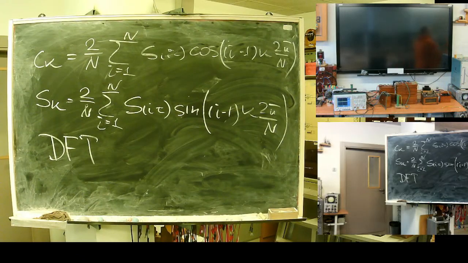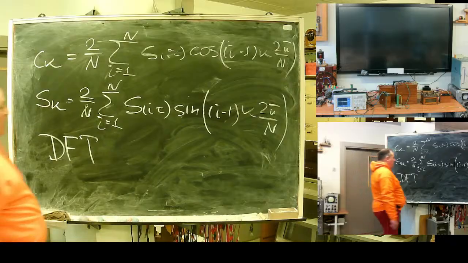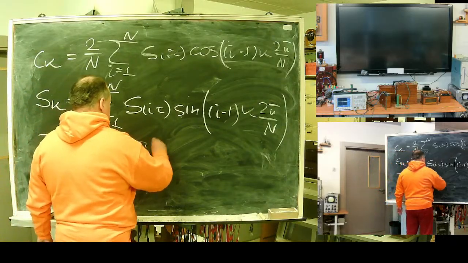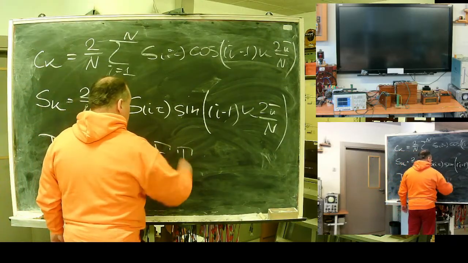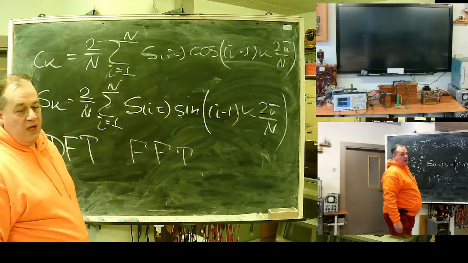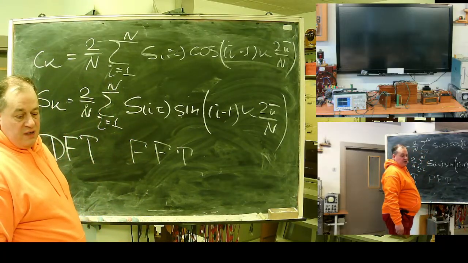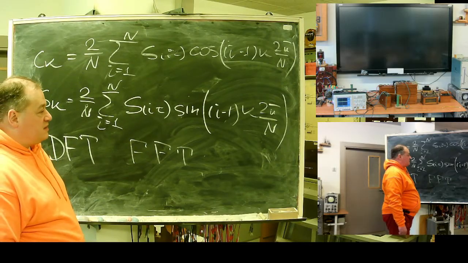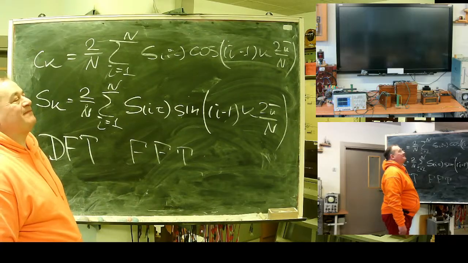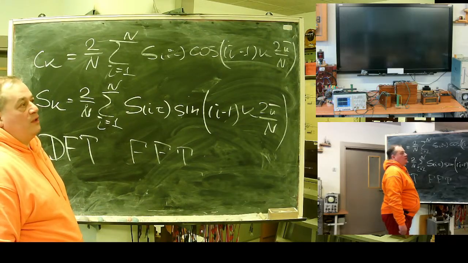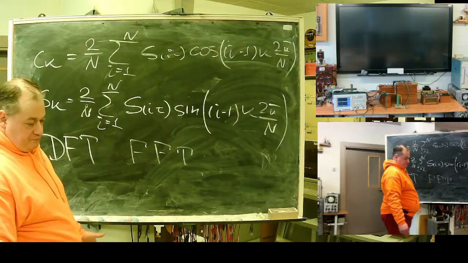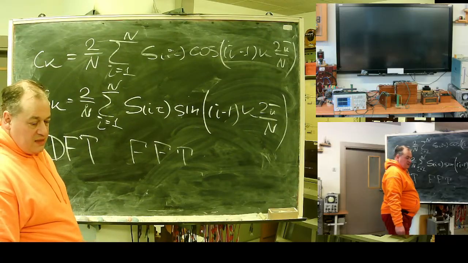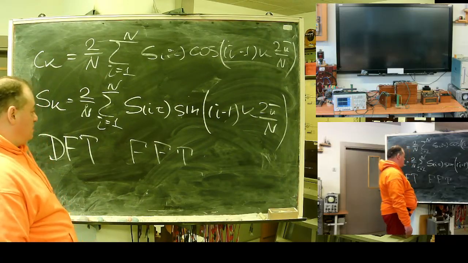It's the simple way. There are optimized versions, hiding under the name FFT, fast Fourier transform. First, they rely on sine and cosine symmetries, and second, they are optimized for processor architecture.